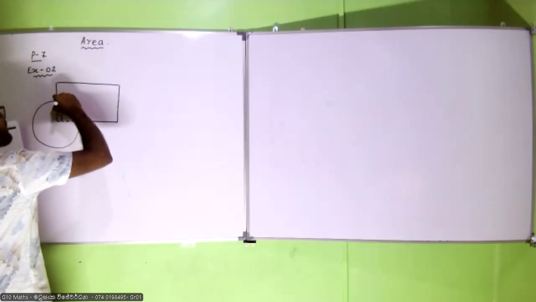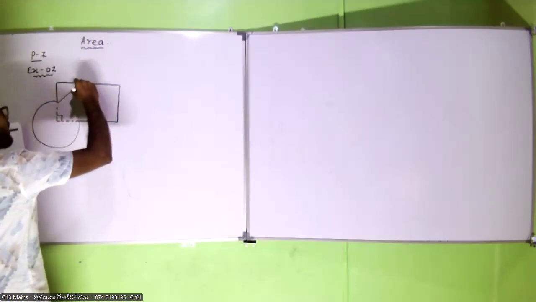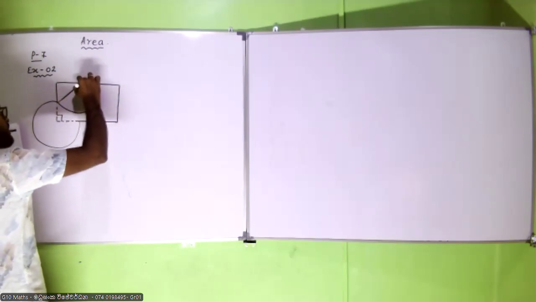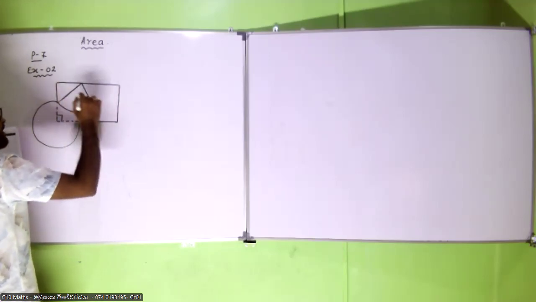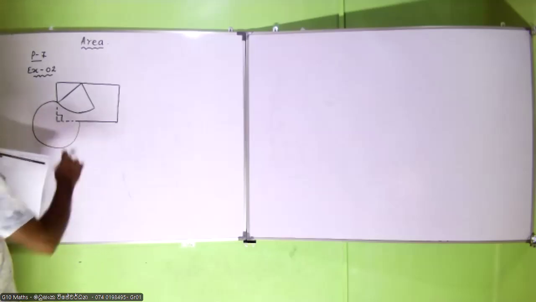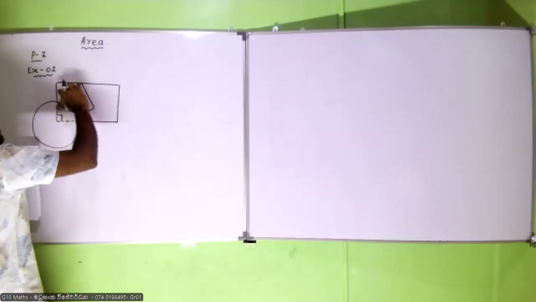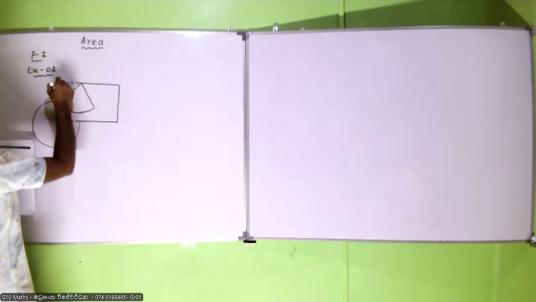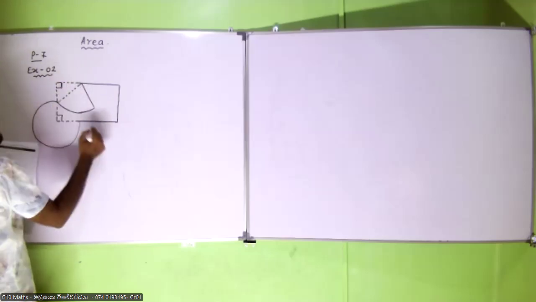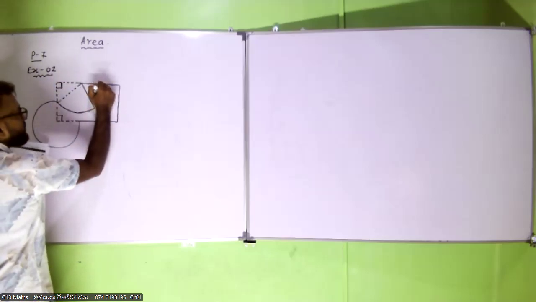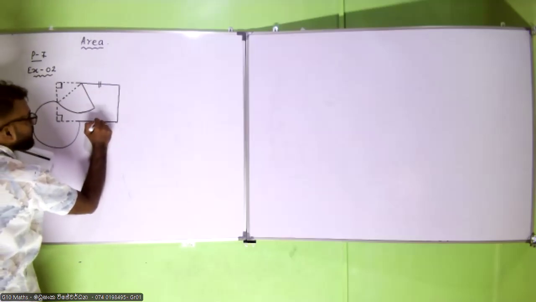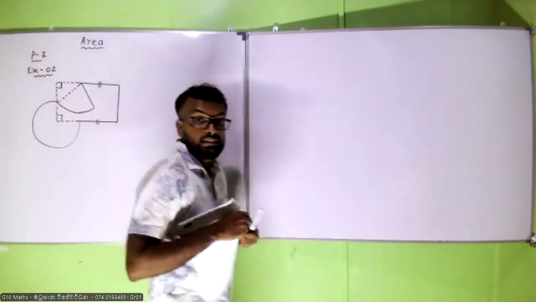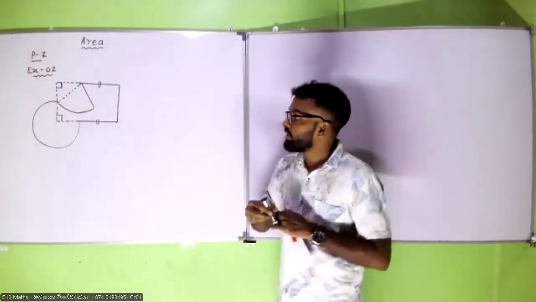And from here to here, there is a sector of a circle like this. I told you to mark this length equals this length, and the other lengths have been given.